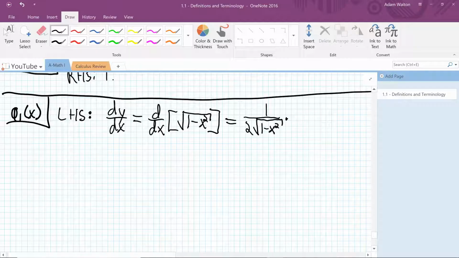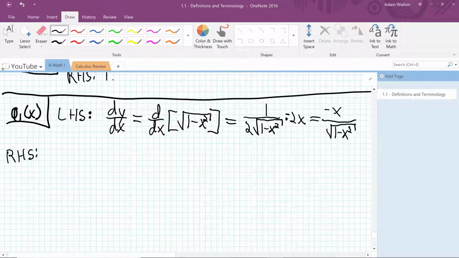Derivative of 1 is just 0. Derivative of negative x squared is going to be negative 2x. So our 2's are going to cancel. We're just going to have negative x divided by square root of 1 minus x squared. So now let's take our right-hand side approach.